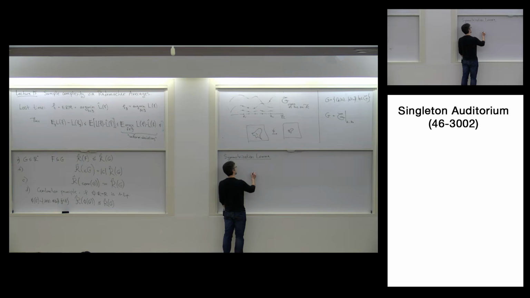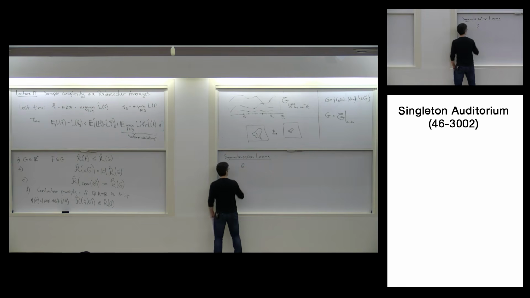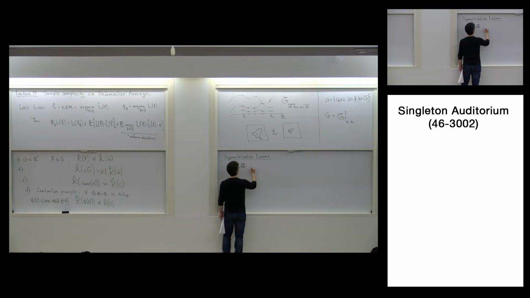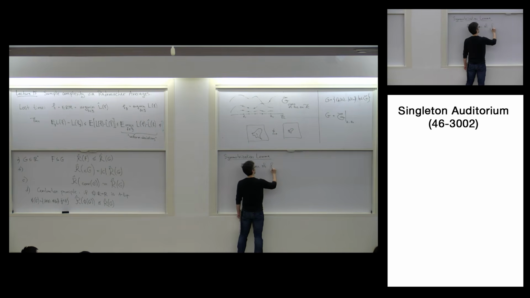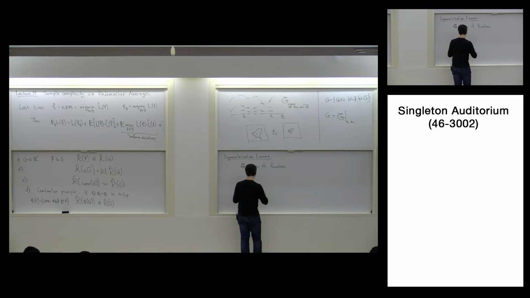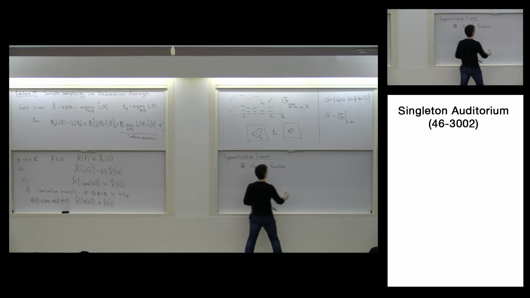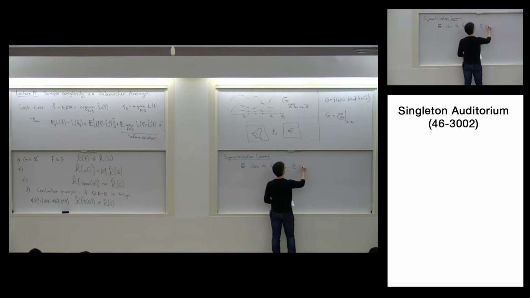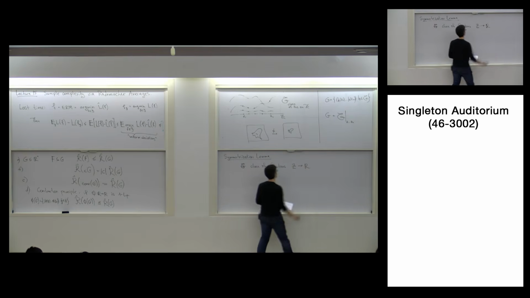So the symmetrization lemma says: let G, calligraphic G, be a class of functions from some space Z to reals.